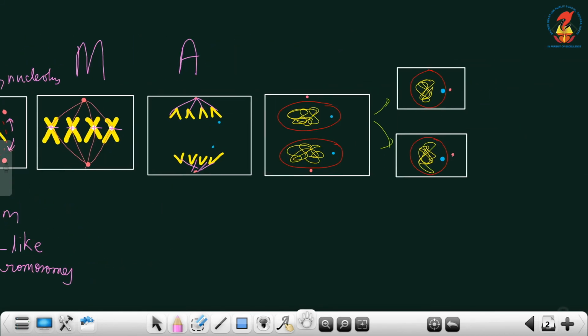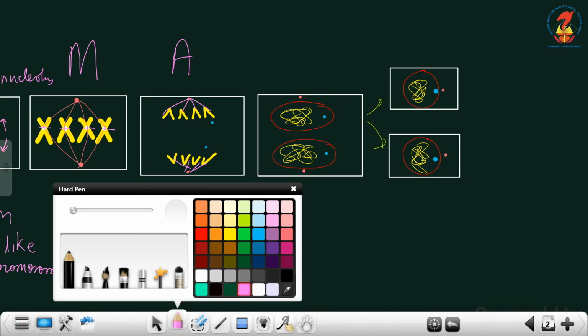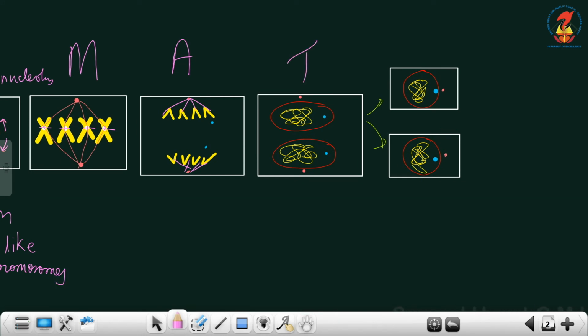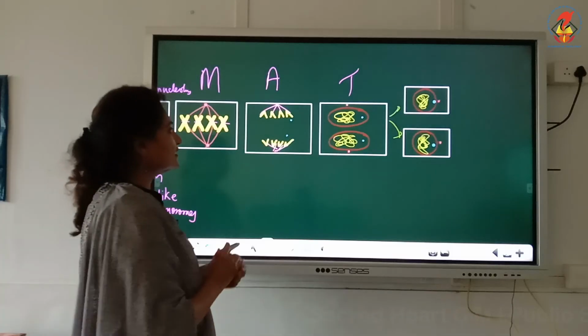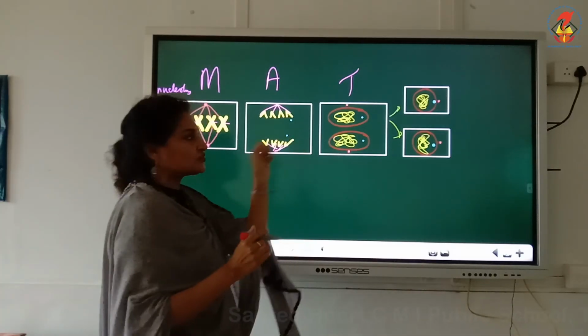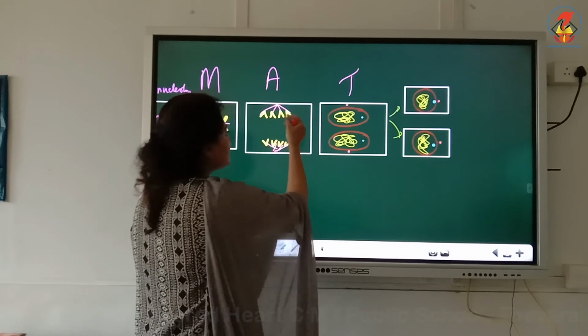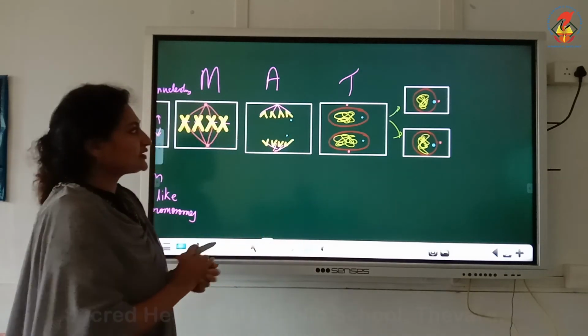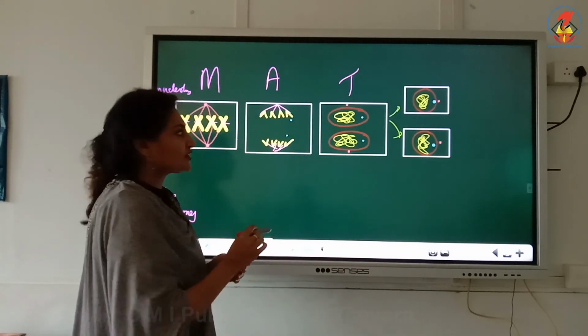Next, we have the telophase. As I told you, in telophase, we have the early and the late telophase. The early telophase chromosomes are just like the anaphase chromosomes. Surrounding the chromosomes, what reappears?